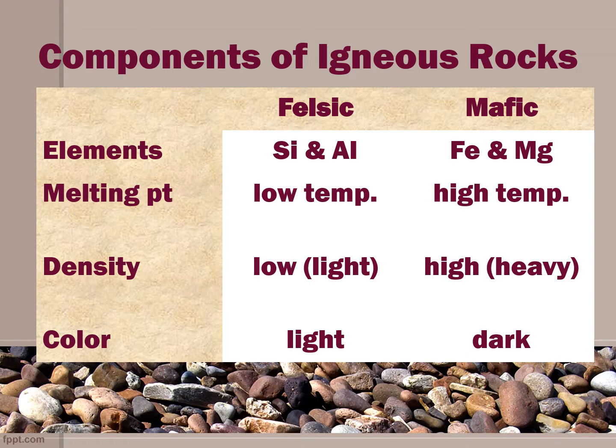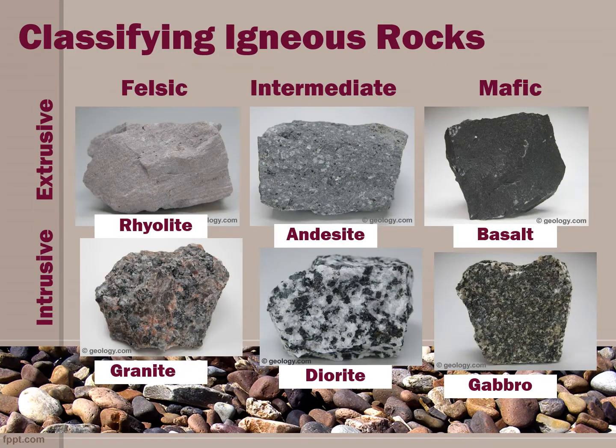It has a low density or very light, and light in color. While a mafic has iron and magnesium. It has high temperature melting point and heavy density, and it's dark colored.